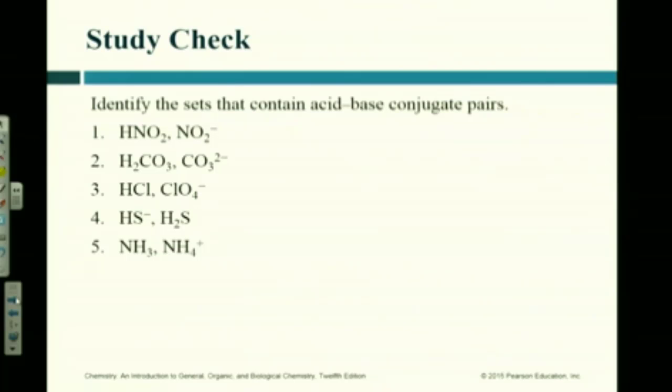Okay, and then the last one. Yes, it is. That's ammonia, right? NH3. It accepts a proton and becomes NH4 plus. That is ammonium, a polyatomic ion that we learned about before.